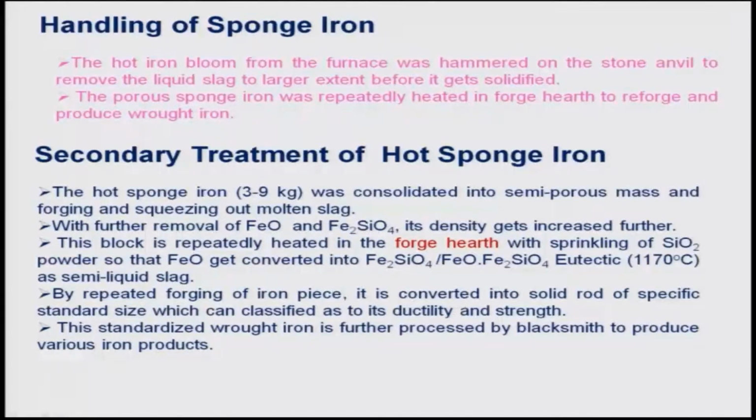Of course, this process is managed by the judgment of the person who is doing it. So the quality is also a concern, and one has to do it very carefully. This standardized wrought iron is further processed by the blacksmith to produce various iron products.